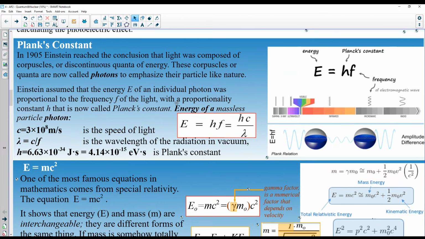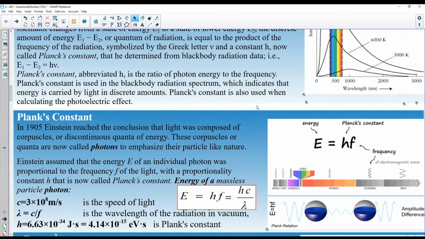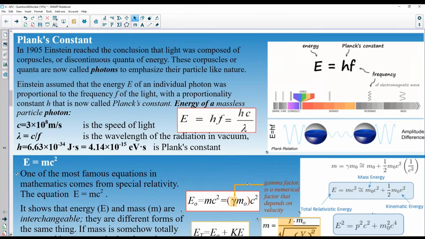The energy of the photon that bumps out the electron from the shell can be described as h times f, where f is the frequency of that specific wavelength or photon that is coming, and h is Planck's constant. Planck's constant is the shortest possible, that you cannot go any smaller than.